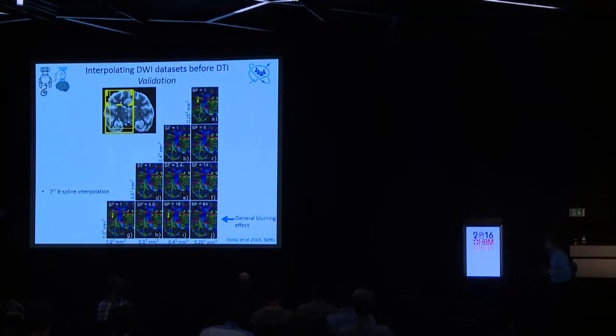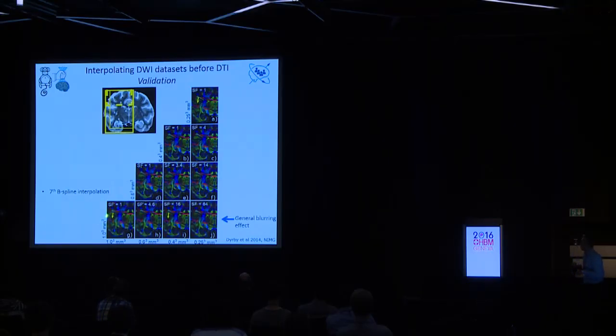So what we did here is take one brain and scan it in one long scan session. This actually took two weeks, at image resolutions of 1 millimeter, 0.6, 0.4, and 0.25. Then we can take the low image resolution, interpolate with different methods, and validate it against the actual high resolution data sets.